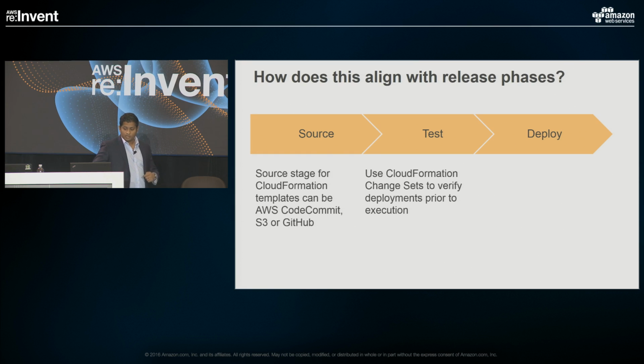You use CloudFormation to verify what impacts those changes are going to have as they go through your various stages using change sets. And finally, you deploy those changes either by creating a stack, updating a stack, or using change sets to verify those changes before you make them.